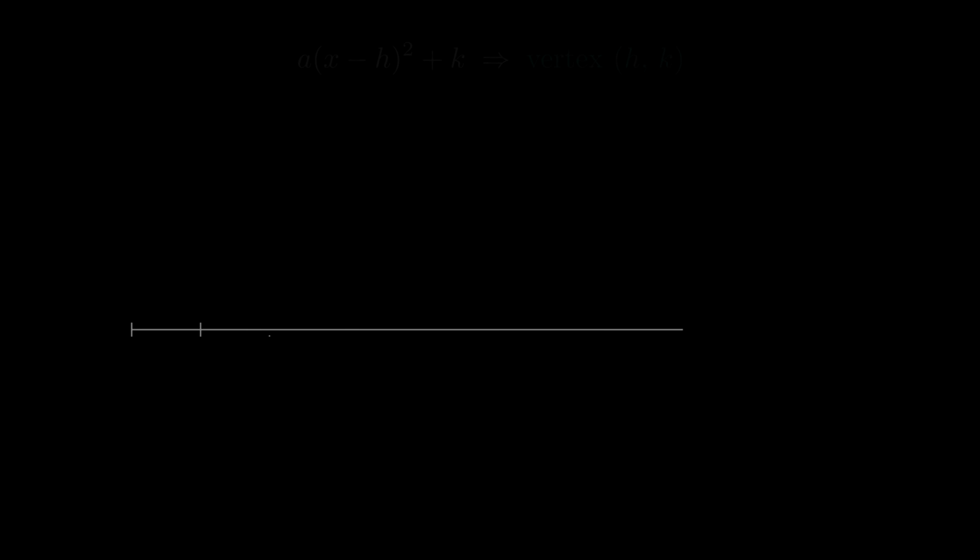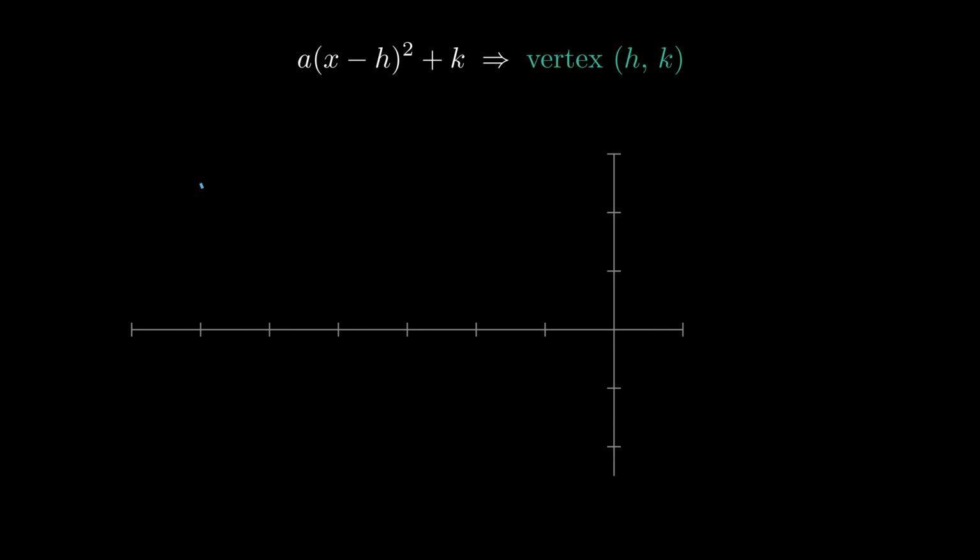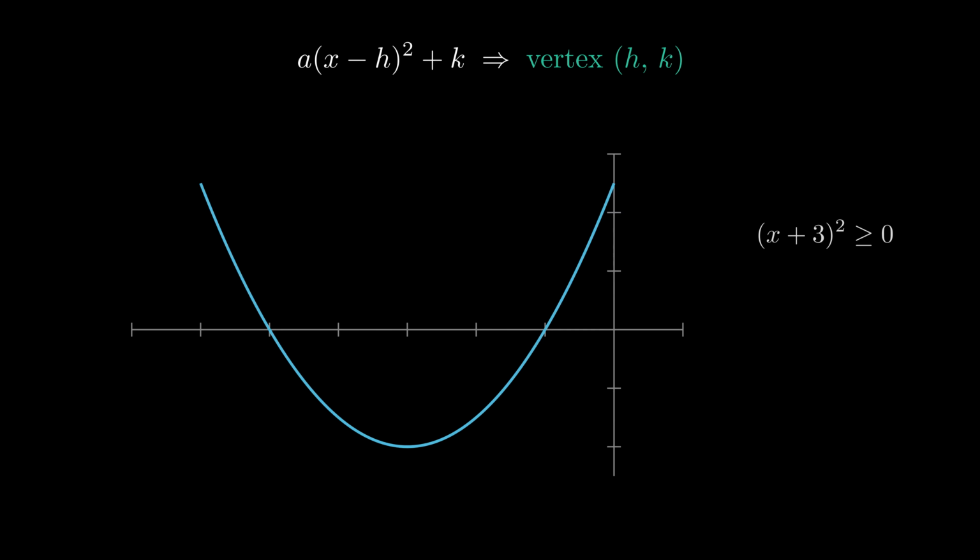Now the payoff. When a quadratic is in this form, a times x minus h whole squared plus k, the turning point is simply h, k. Here's exactly why. The squared part, x plus 3 whole squared, can never be negative. The smallest it can ever be is 0. And it hits 0 when x equals -3.